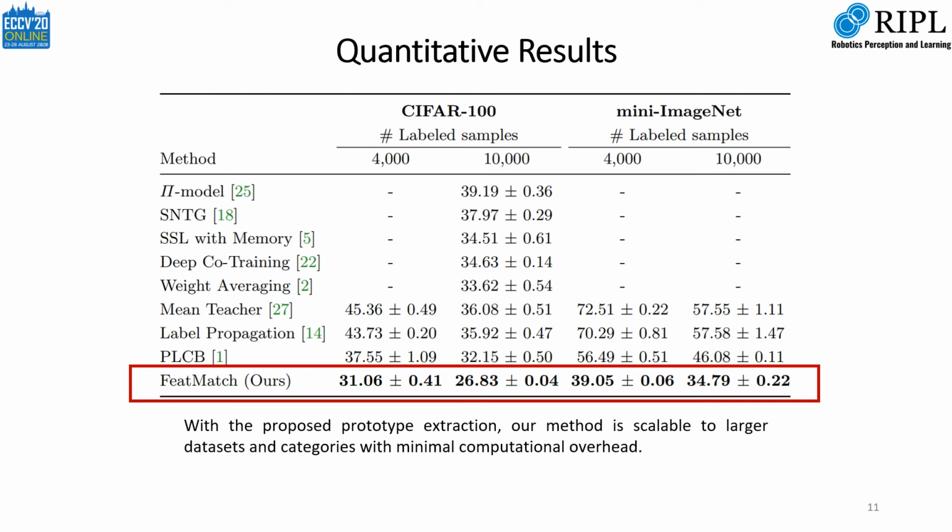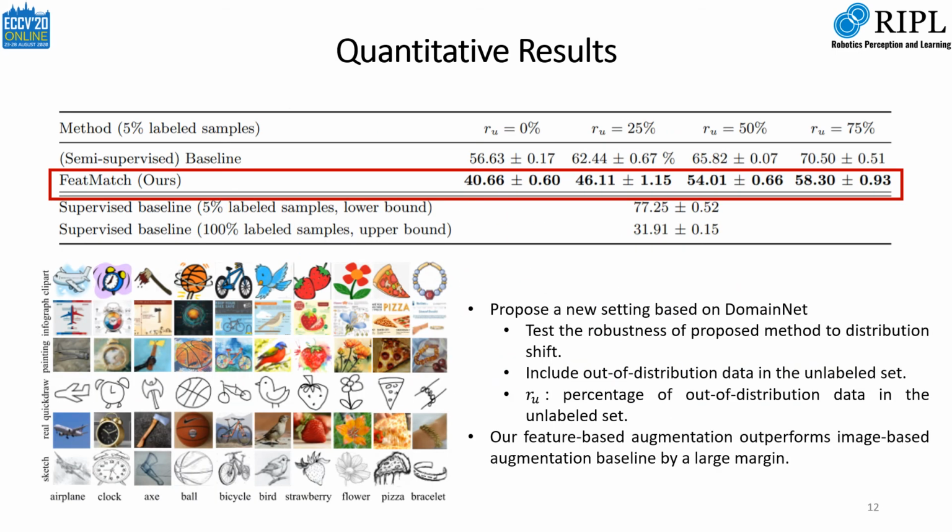This also shows that with the proposed prototype extraction, our method is scalable to larger datasets and categories with minimum computational overhead. Furthermore, we propose a new setting based on DomainNet to test the robustness of our proposed method to distribution shift.